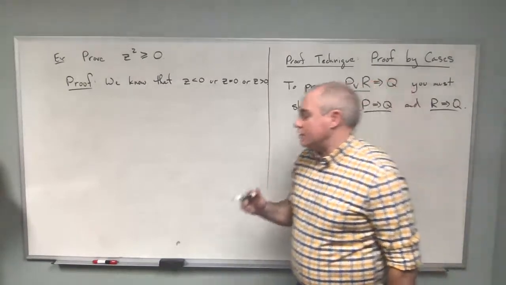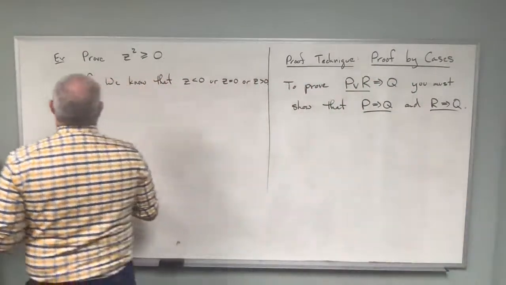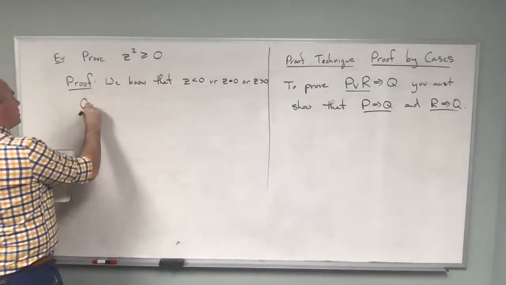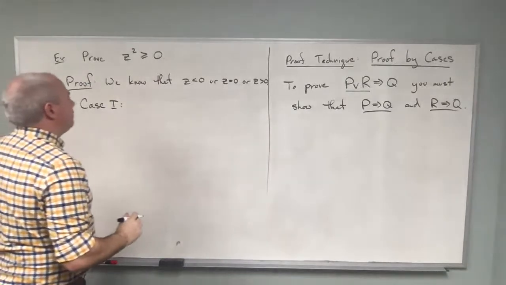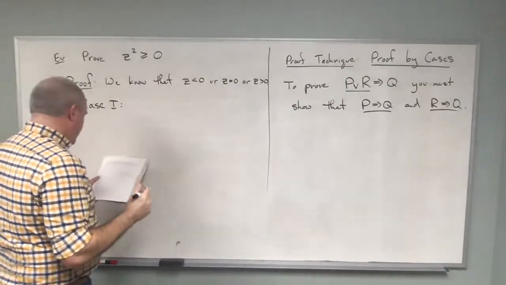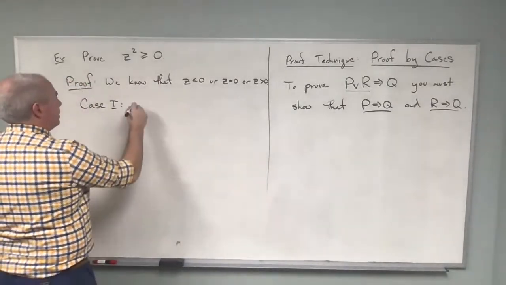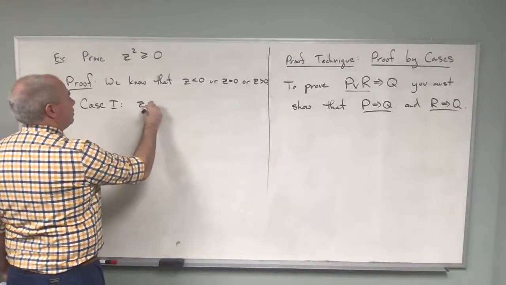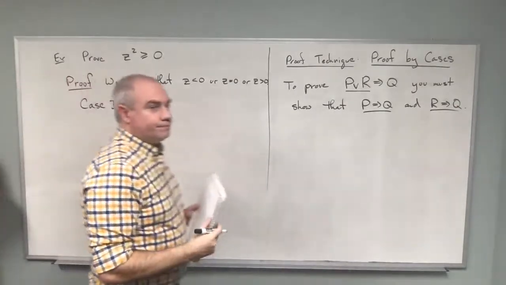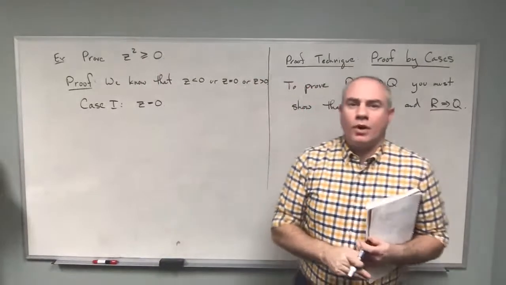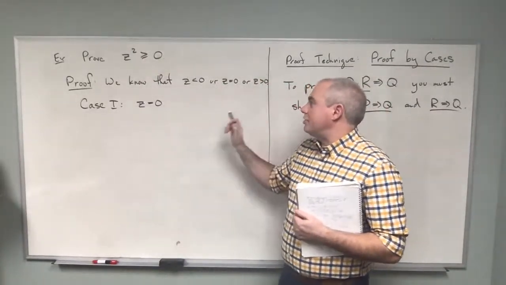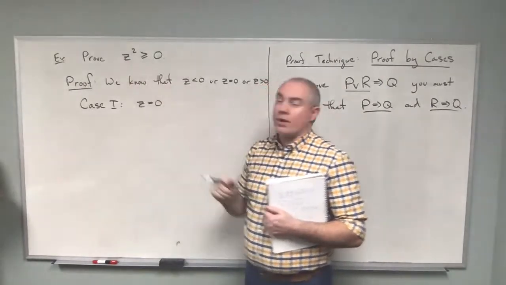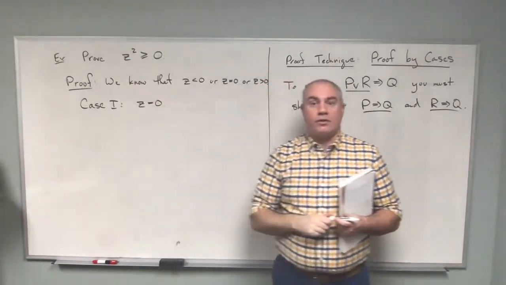Okay, so what I could do is I could say, well, we're going to break this up into cases. So case 1, maybe the easiest thing, would be that z is equal to 0. My strategy here is that in each of these 3 situations, I need to show that z squared is greater than or equal to 0.